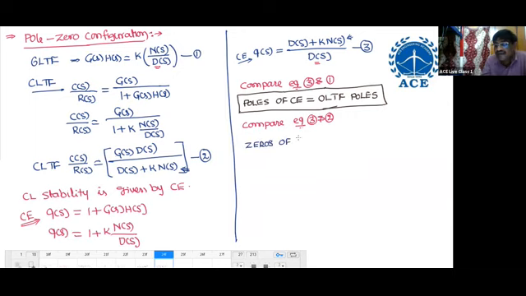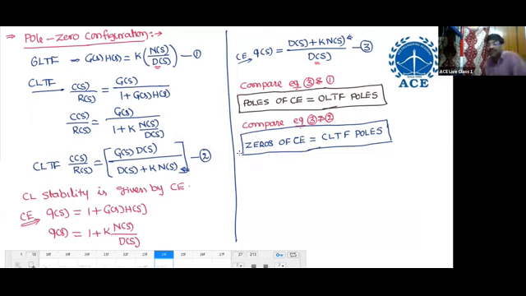Zeros of the characteristic equation are equal to closed loop transfer function poles. Poles of the characteristic equation are equal to open loop transfer function poles.